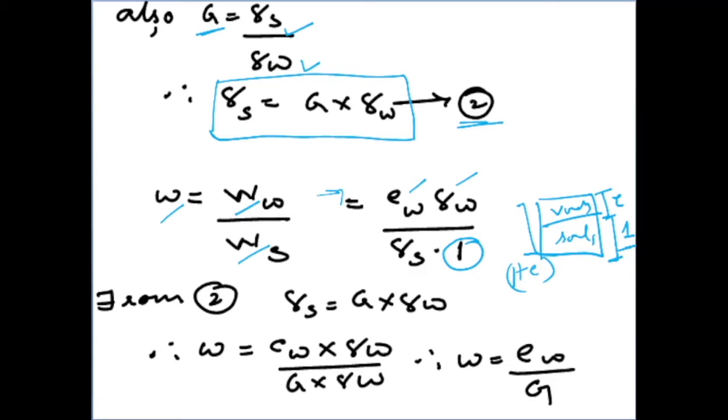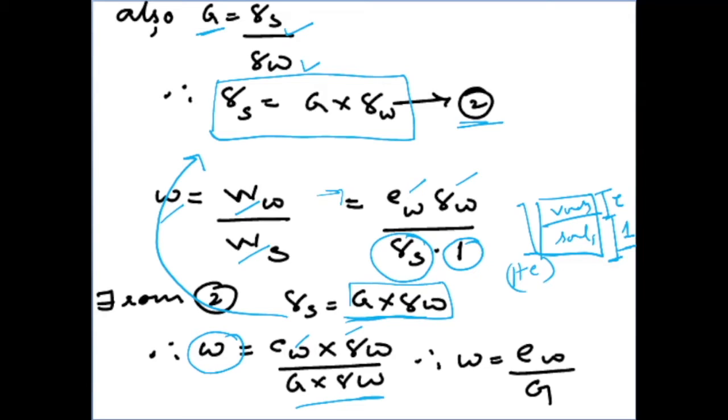Now from equation number 2, we know that gamma_s is equal to G into gamma_w. So let us substitute. Water content is equal to e_w into gamma_w divided by G into gamma_w. Instead of writing gamma_s, we have written it as G into gamma_w.